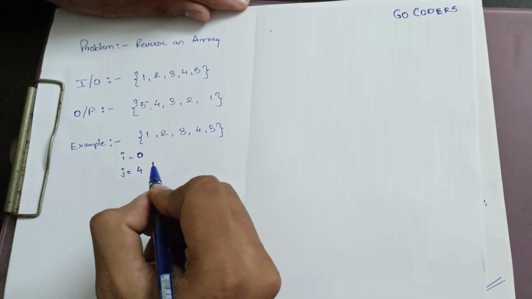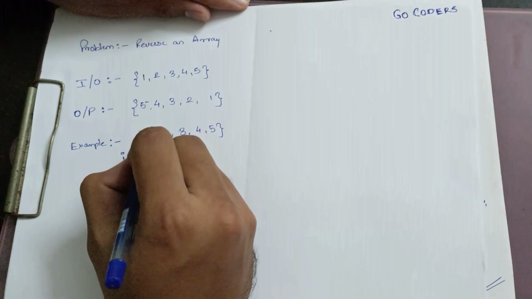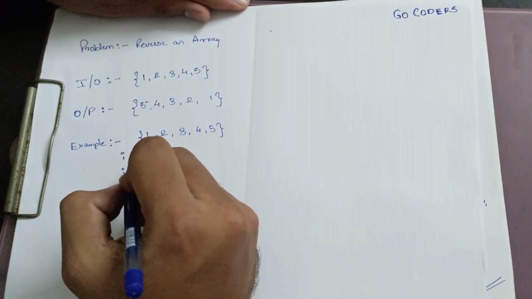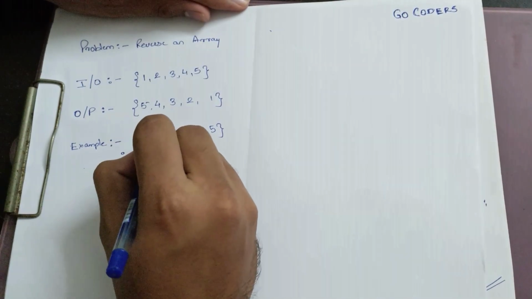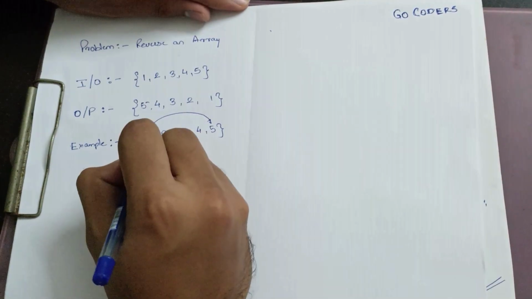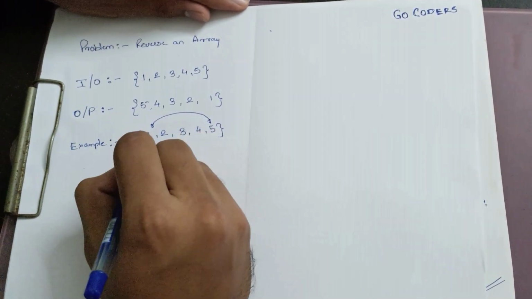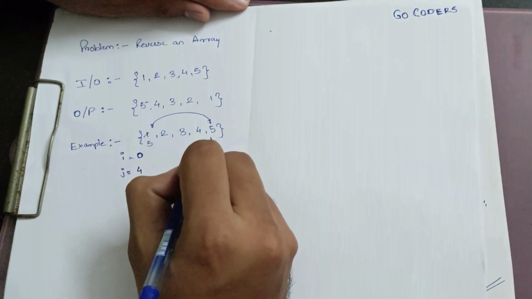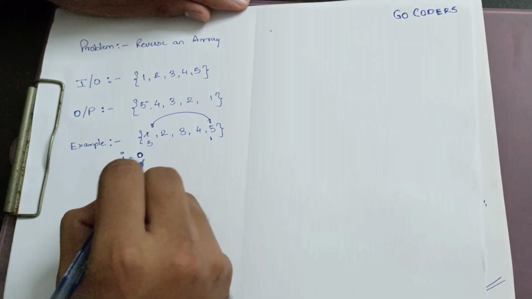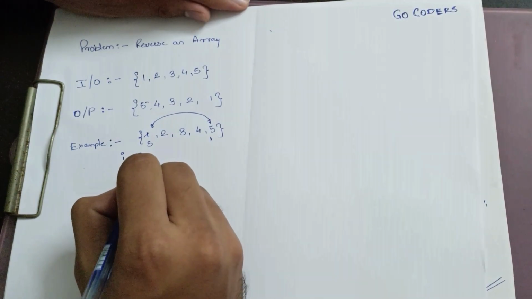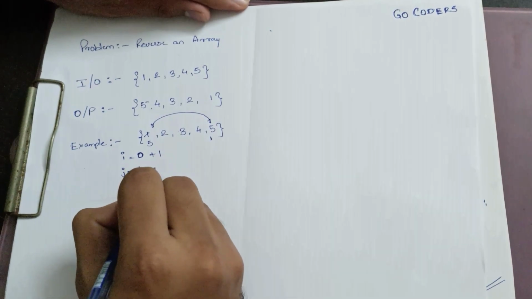And what we will do, we will swap the elements pointed by i and j. So now 5 will come here and 1 will go there. Now we will increment i by 1 and decrement j by 1.